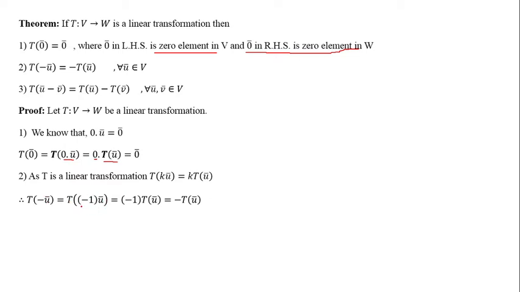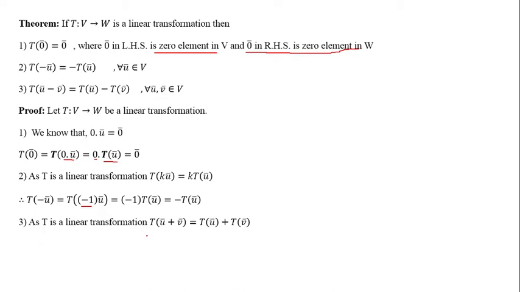Now this is a scalar, so you can take minus 1 outside, minus 1 T operating on U bar. Why did we do this? Because T is a linear transformation, and this can be written as minus of T U bar. So T of minus U bar is, you can take the minus sign outside and T operating on U bar.